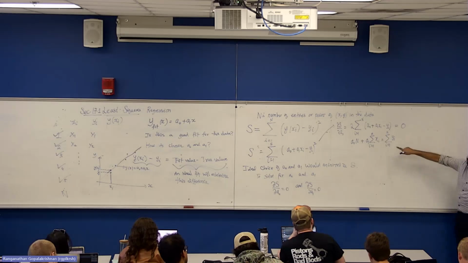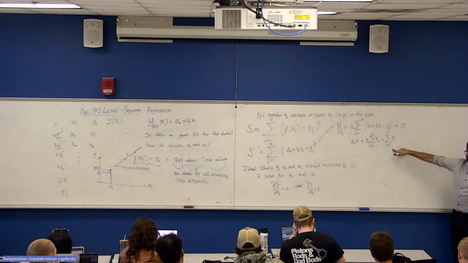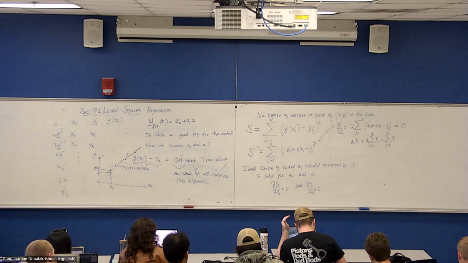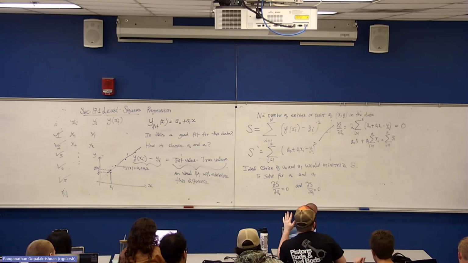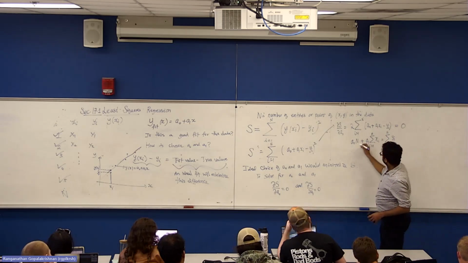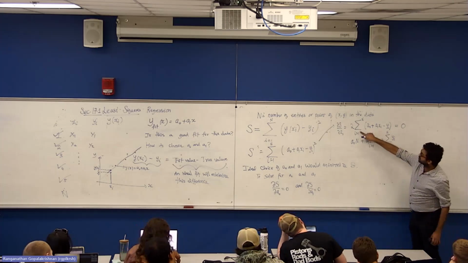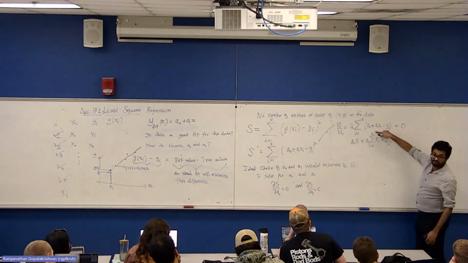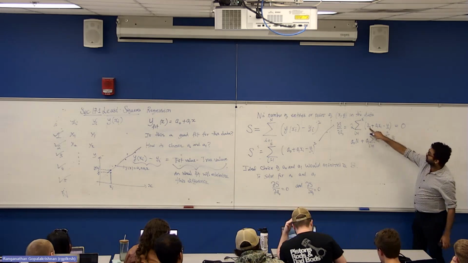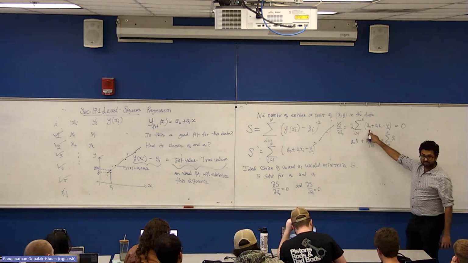Take a moment, look at this and make sure you understand how I got here. If you are not clear, please ask, we'll talk. Yes. How does the n get multiplied to the first a naught term? Good question. This is like saying sum of an expression, so I break this into three summations. The first term, a naught, is a constant.